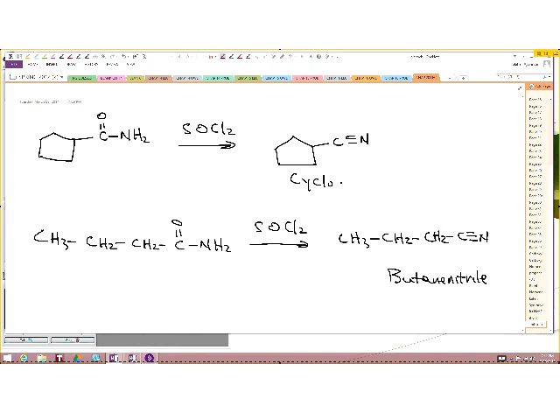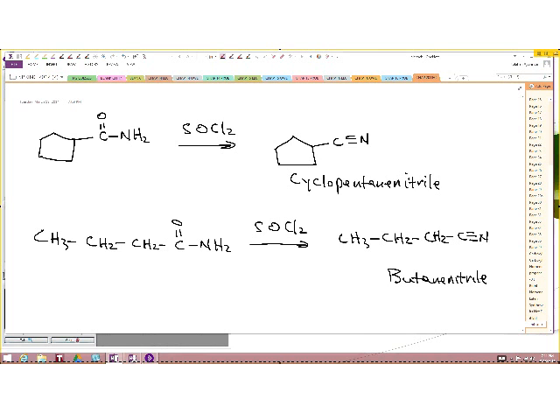And this is cyclopentanenitrile, one word. Okay, so I have given you three methods for making nitriles.